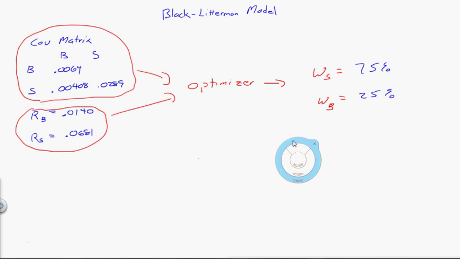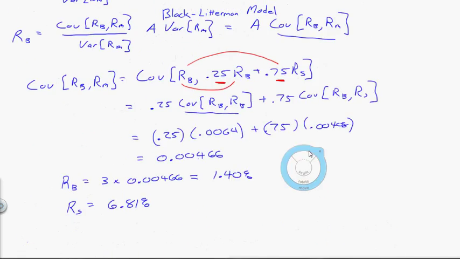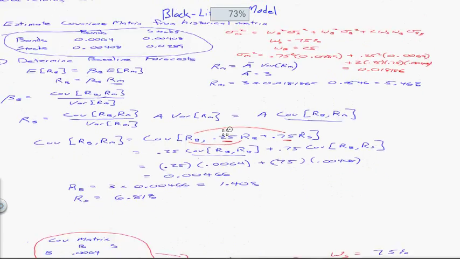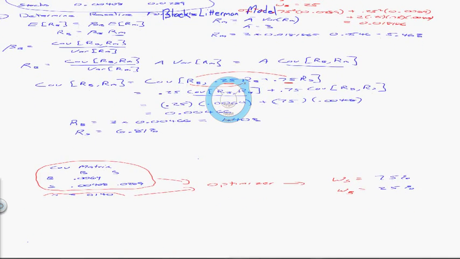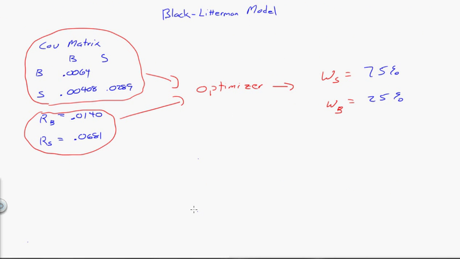So let me kind of review here. Okay, so let's go from here. Let's review. So we know in order to find the optimal risky portfolio or the model portfolio, we take a covariance matrix and we take the expected returns, plug it into the nasty equation, an optimizer in a spreadsheet, and it comes out with the weights, and this is what we're looking for.